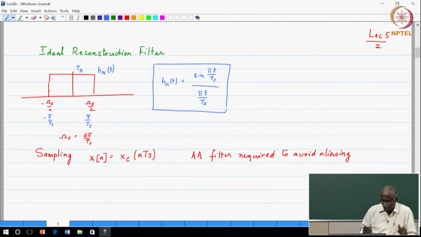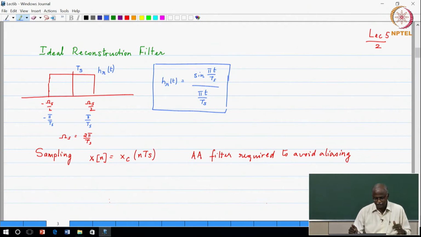Let us build on that, but maybe one more observation which I wanted to highlight before we move on. The ideal reconstruction filter, which we have talked about on a couple of occasions, goes from minus omega s by 2 to omega s by 2 and has a scale factor of Ts. This is what removes the unwanted images outside of omega s by 2 and gives us the reconstruction.